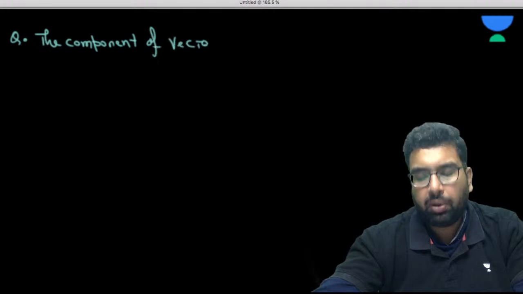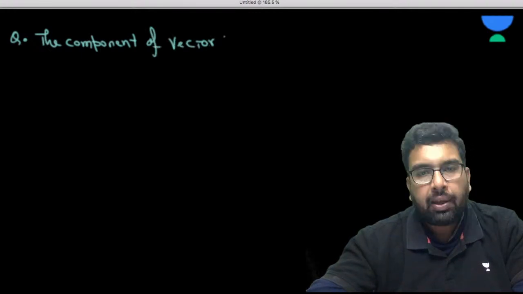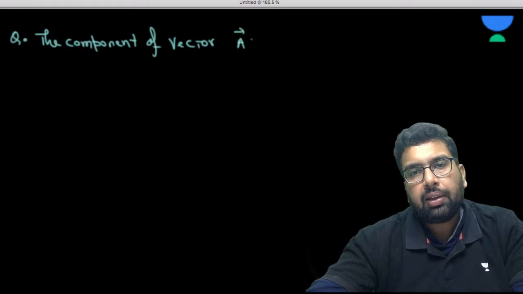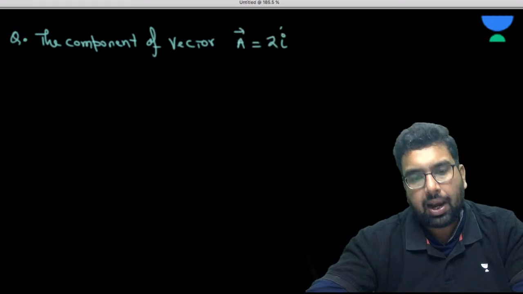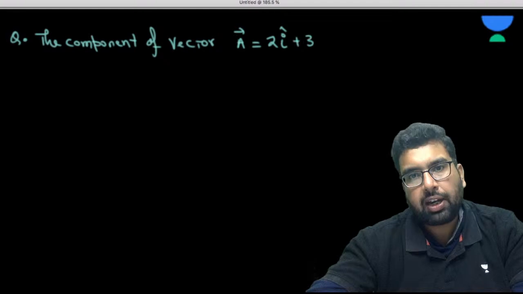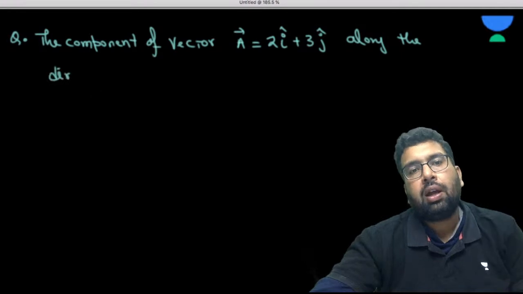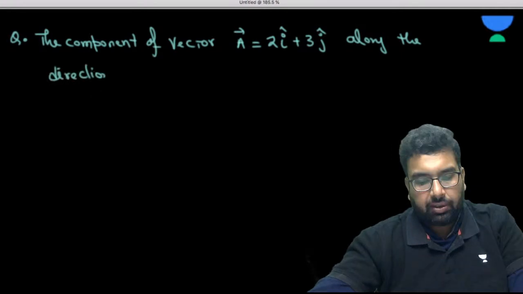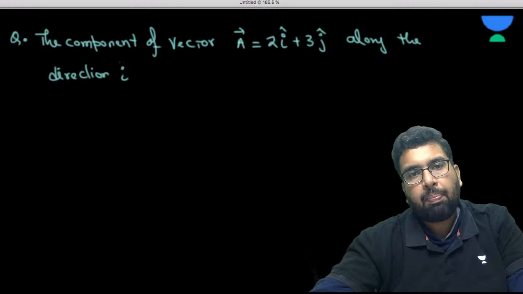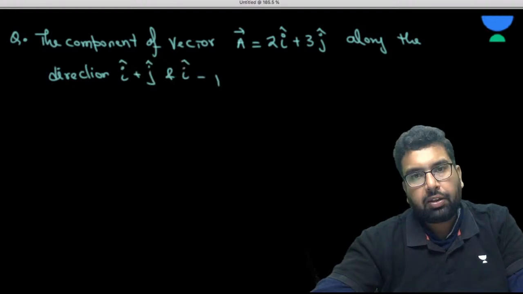So the component of vector A, let's suppose A vector is 2i cap plus 3j cap, along the direction i cap plus j cap and i cap minus j cap.